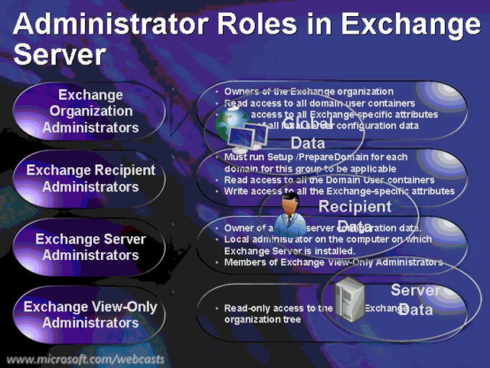Exchange server administrators can administer things associated with an individual server, such as the mailbox database, right? Those specific settings on a server-by-server basis. And then the Exchange view-only admins are those that can view the data, but it's a read-only perspective, so they can't actually go in and make any configuration changes.